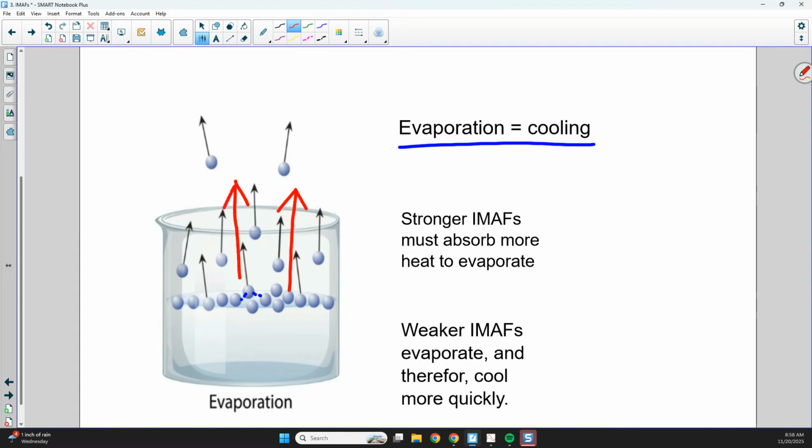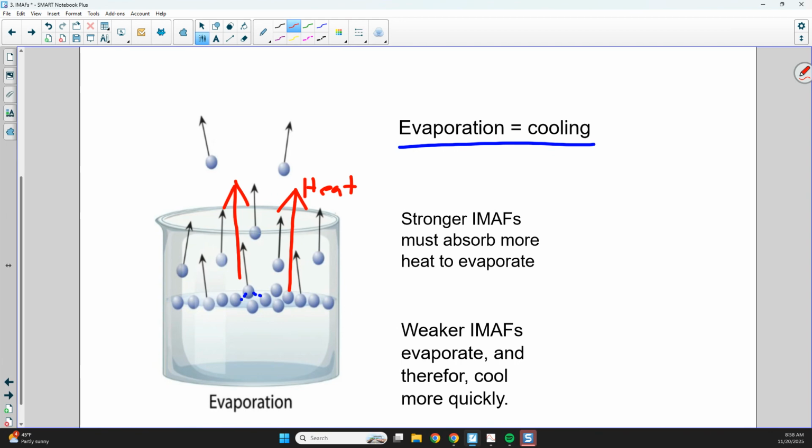So think of these red arrows here as representing heat. And this is the basis for why humans sweat, because the liquid on our skin, as it evaporates off of our bodies, takes heat with it, and that keeps our body temperature at a consistent 98 degrees approximately.